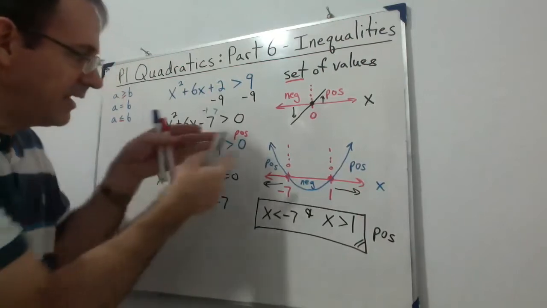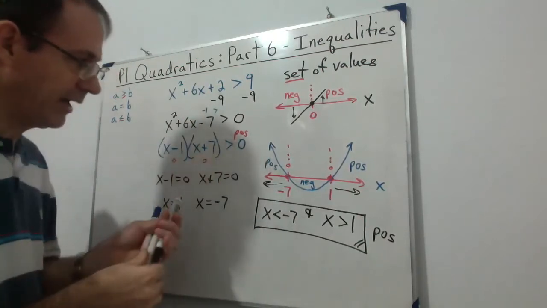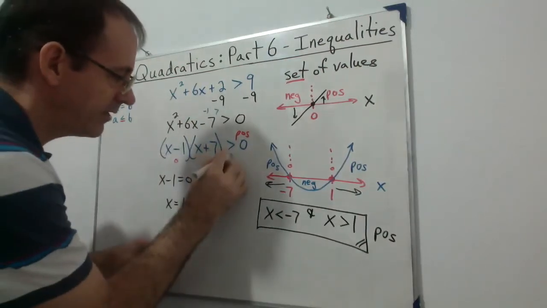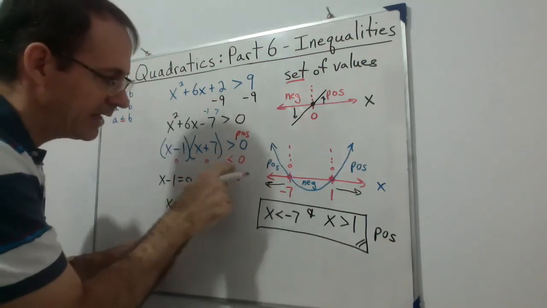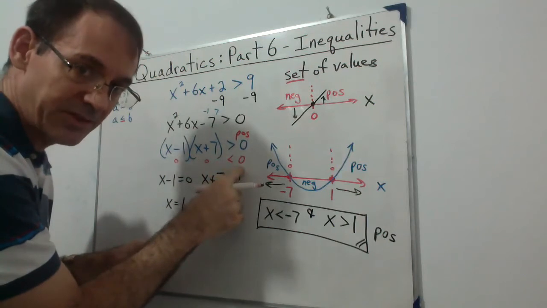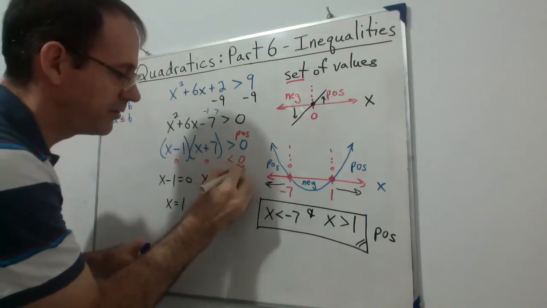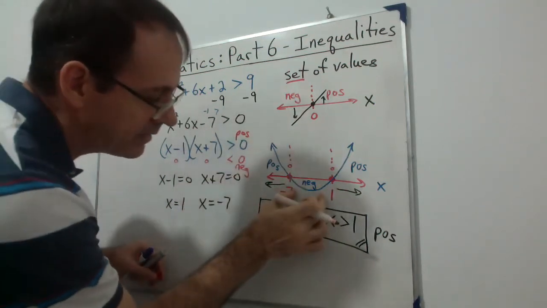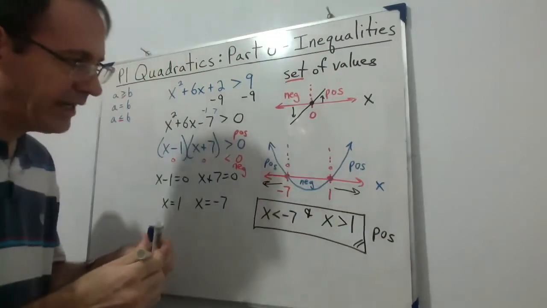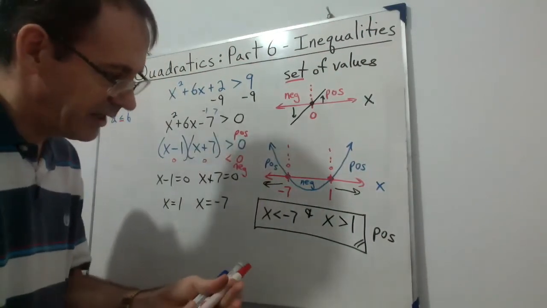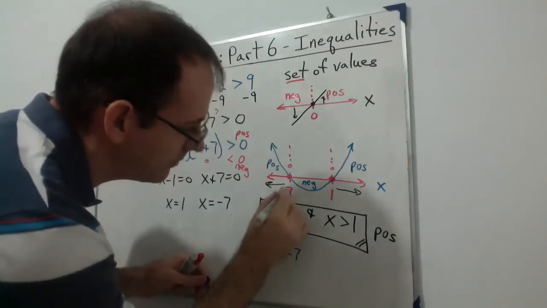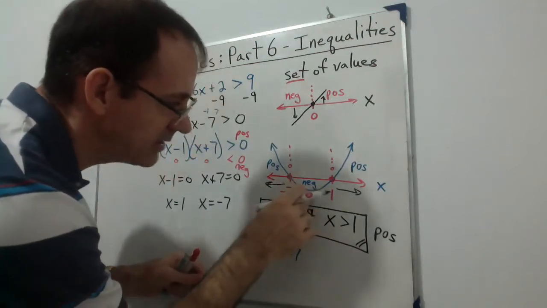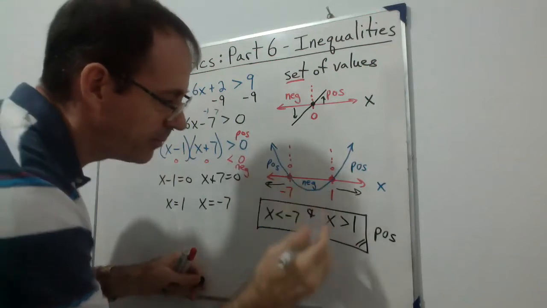If it had been flipped the other way, if this were a less than 0, meaning we're looking for the negative section, less than 0 is the negative section. The negative section is between these two numbers. So you would write it like this. -7 here means all the values of x are between it.